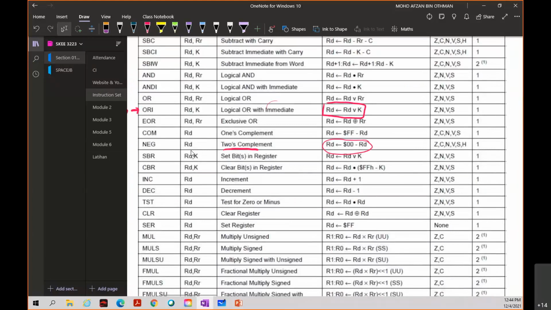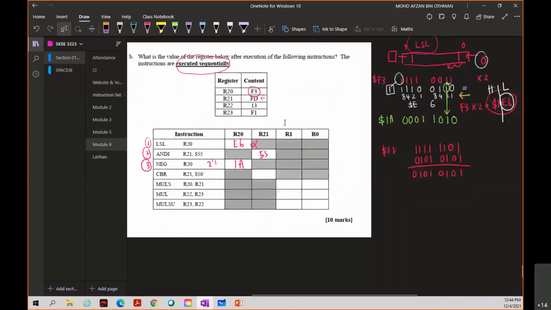You simply press the calculator, 00 minus R20. The current value of R20 is E6. Then you get F1A. Just take the lower byte, which is 1A. The rest of the value, F, you just ignore.